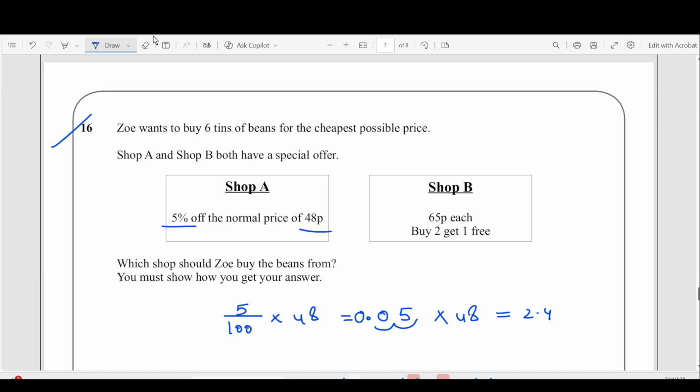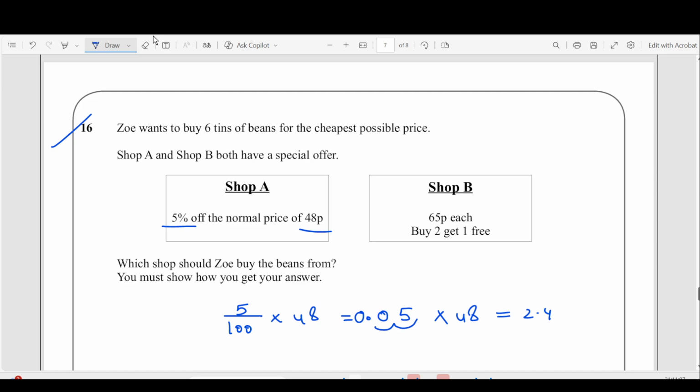Did you find 5% of 48? How much is that? So 5 over 100 times 0.48. 5 divided by 100 is 20. 20 times 0.48. Wait a minute. 5 over 100 is 20.